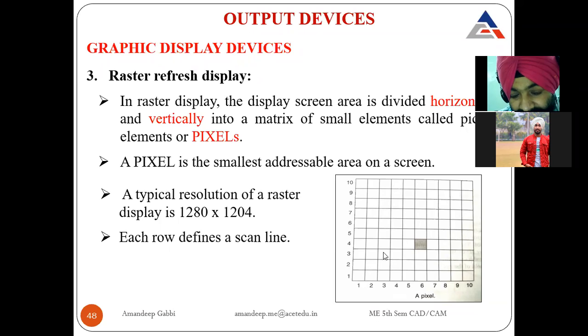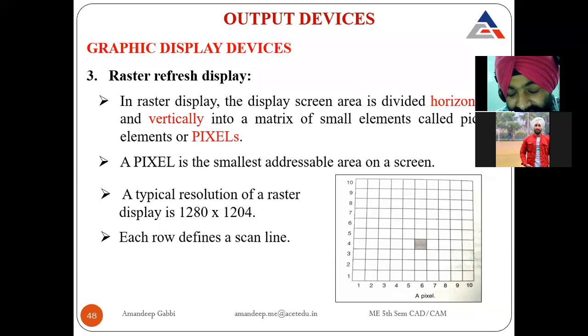If the number of pixels on a screen is more, that means the divisible area is very small, and that very small area is illuminated when the discharge is applied around that screen. Pixel is the smallest addressable area on the screen.